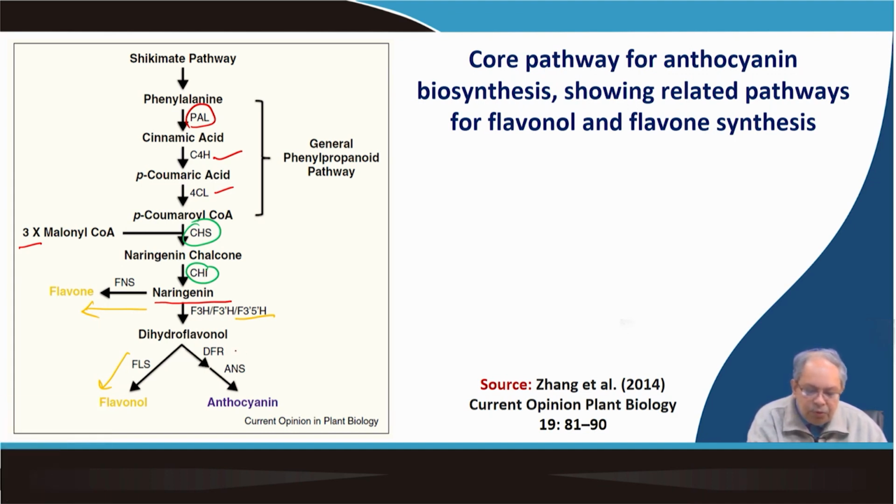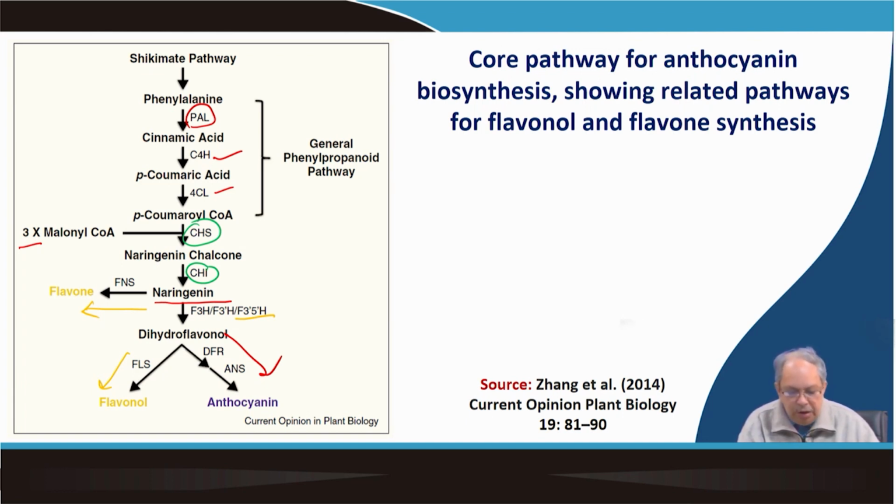That pathway moves in this direction, where dihydroflavonol reductase will come, followed by anthocyanidin synthase. Once anthocyanidin is formed, there will be a sugar molecule addition that leads to the formation of anthocyanin.